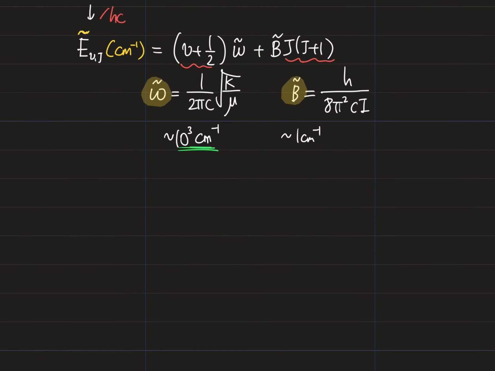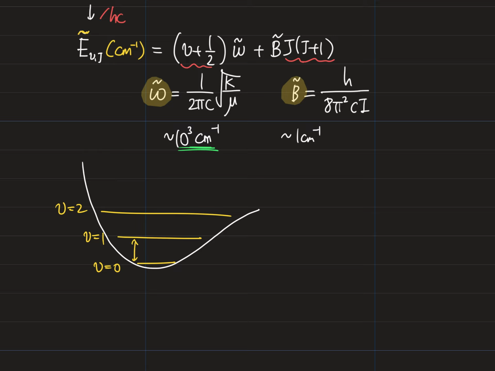So when you draw the potential energy surface like this, there is a rotational motion like here. And the vibrational motion: V equals 0, V equals 1, V equals 2, and they are equally spaced, h nu. And the spacing in the rotational motion is only about 100 or 1,000 times smaller.